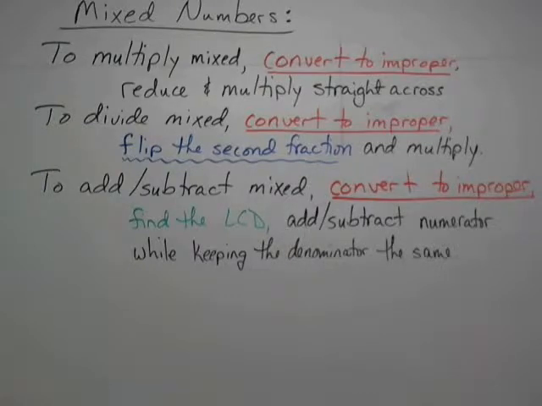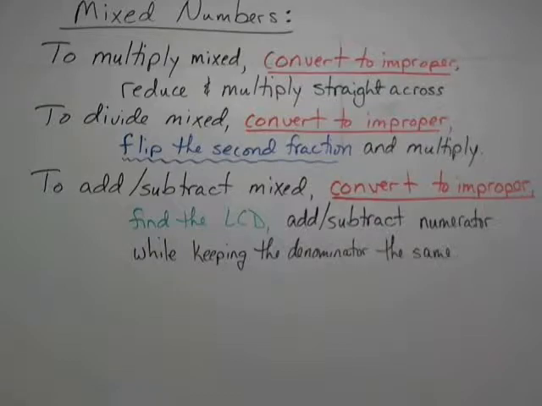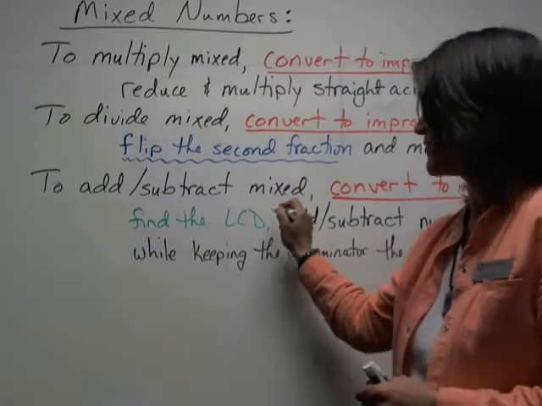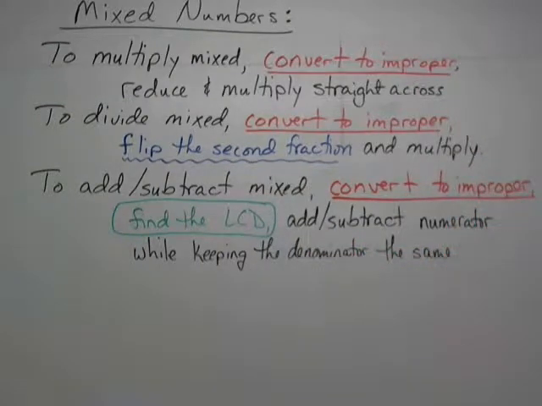Okay. But when adding or subtracting fractions, the next thing we have to do is find the LCD. Once we know what the LCD is, we multiply top and bottom of each fraction to get that LCD. Not by the LCD, but to get the LCD. What did I have to take the 3 times to get 12?